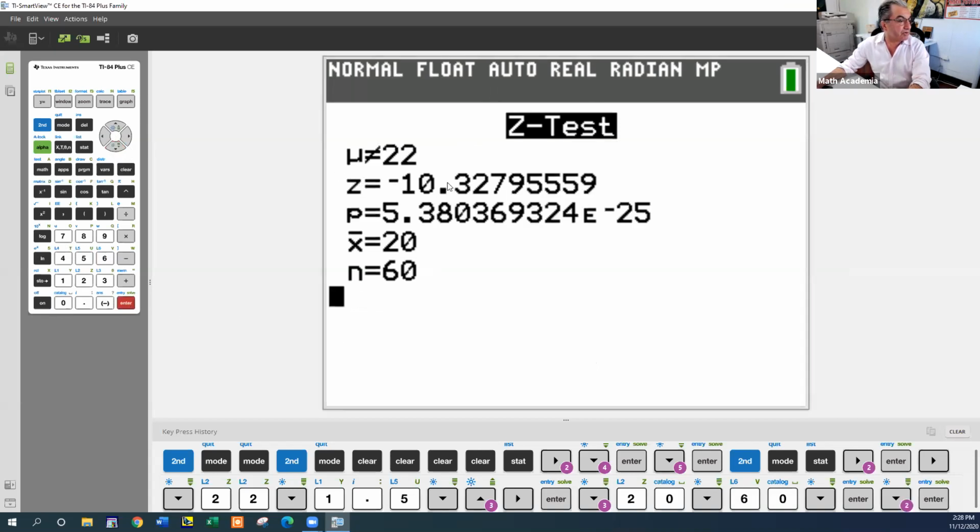So negative 10.3, we found out ourselves, that's the claim, the H1, and the p-value is 5.3 times 10 to the power of negative 5, very, very small, so much smaller than alpha, so that's why we said we reject H0. Let me share the other screen now.